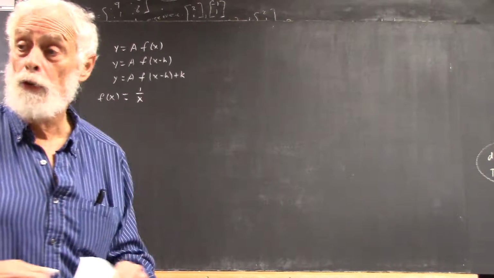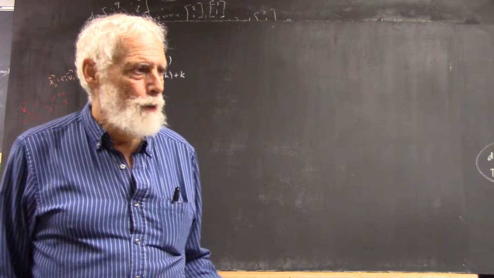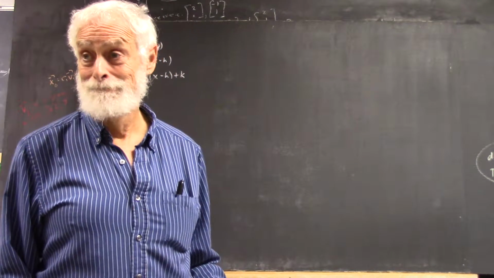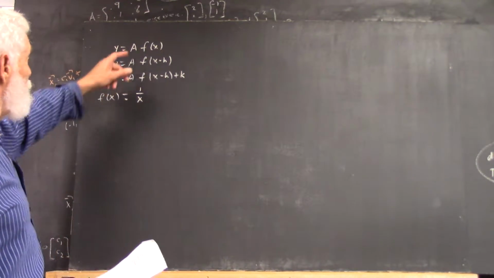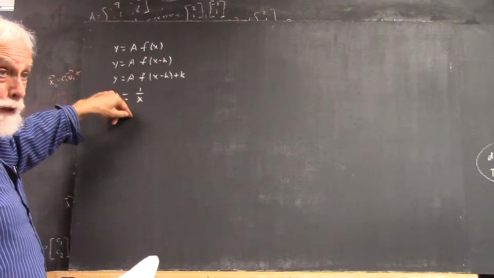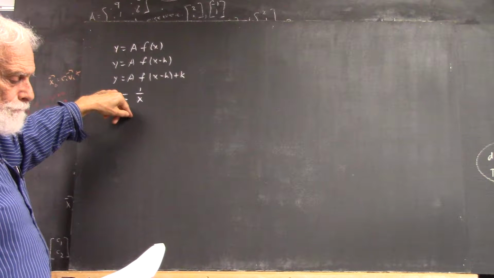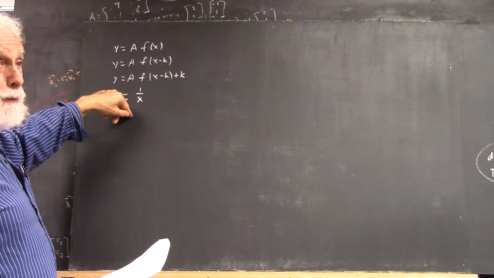Now, one thing that's not illegal on this test, I won't penalize it, but I'm not going to give it any credit, is if you make a big long table. In other words, you can say that af(x) is a times 1 over x, that's a over x, right? And a is, yeah, I didn't say what a was, did I?